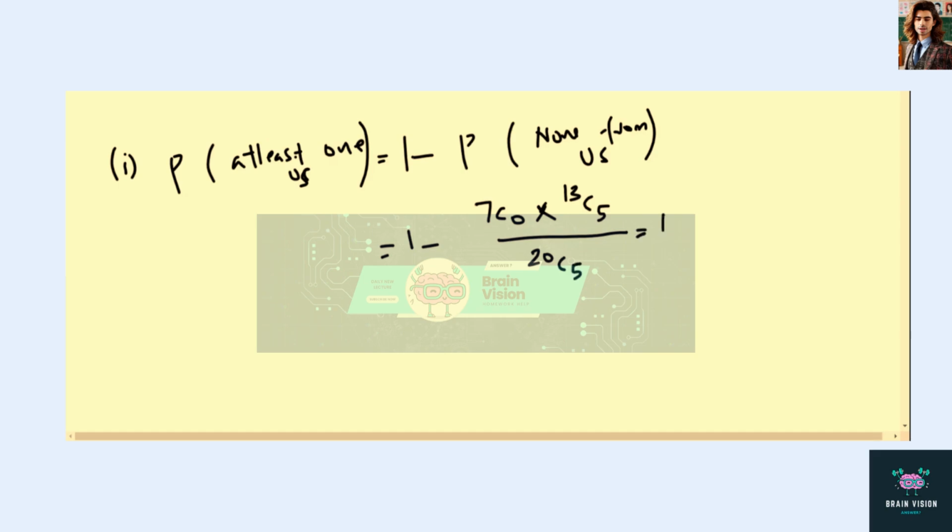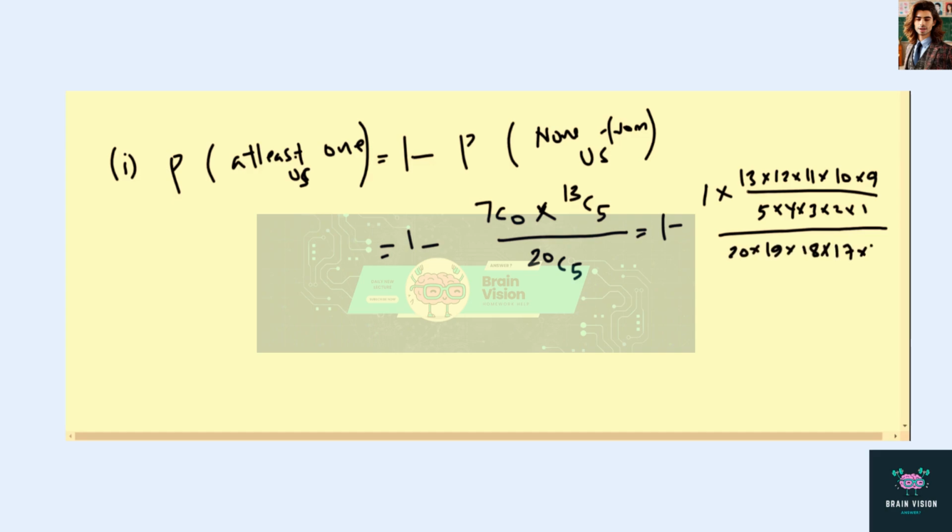When we simplify this, we get 1 minus 7C0, we can write 1, 13C5 we can write 13 into 12 into 11 into 10 into 9 by 5 into 4 into 3 into 2 into 1, divided by 20C5, which means 20 into 19 into 18 into 17 into 16 by 5 into 4 into 3 into 2 into 1.